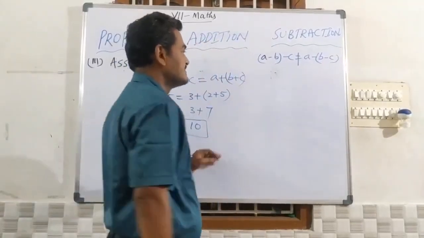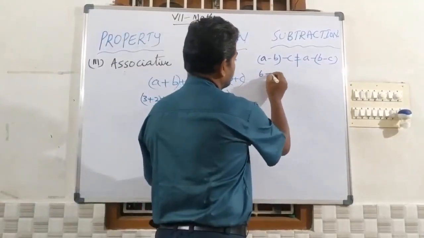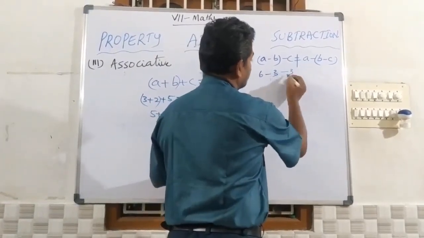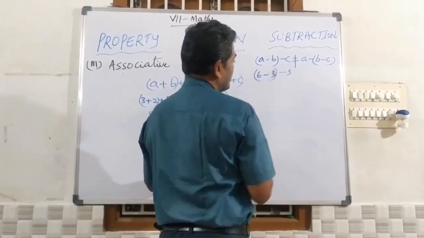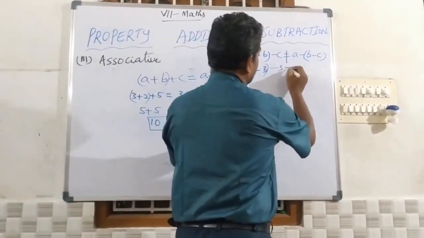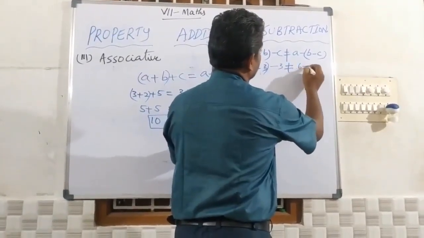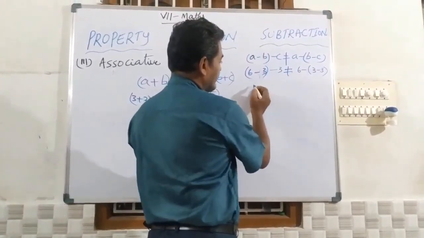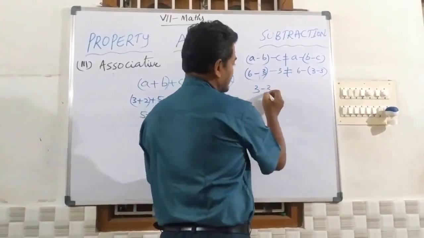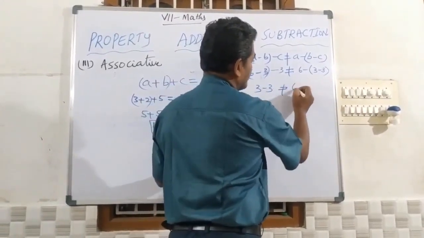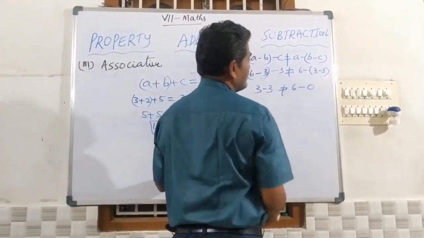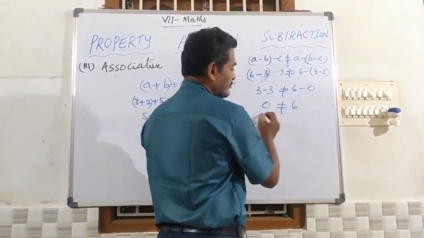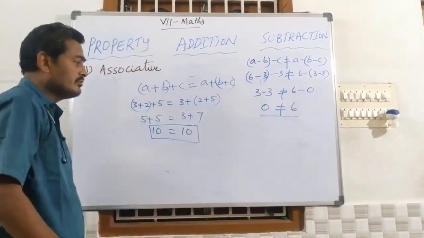For example, 6 minus 3 minus 3. (6 minus 3) minus 3 is not equal to 6 minus (3 minus 3). 6 minus 3 is 3, minus 3 is 0. Now 3 minus 3 is 0, so 6 minus 0 is 6. So this is not equal.